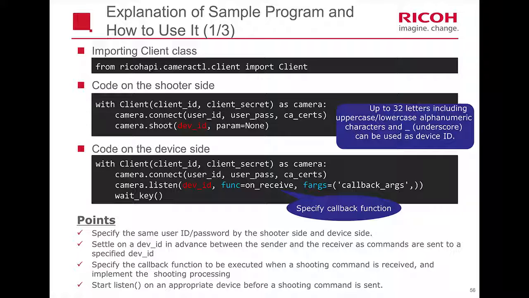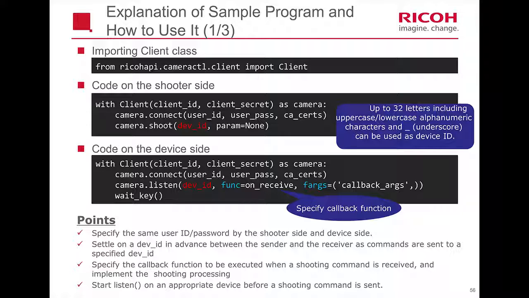First, you will import the client class that I have explained on the previous slide. In RICOH API, this class is provided in the client package of camera control. In the code on the shooter side, the instance camera is created using the client class constructor. Then, the connect method is invoked to connect to the server.